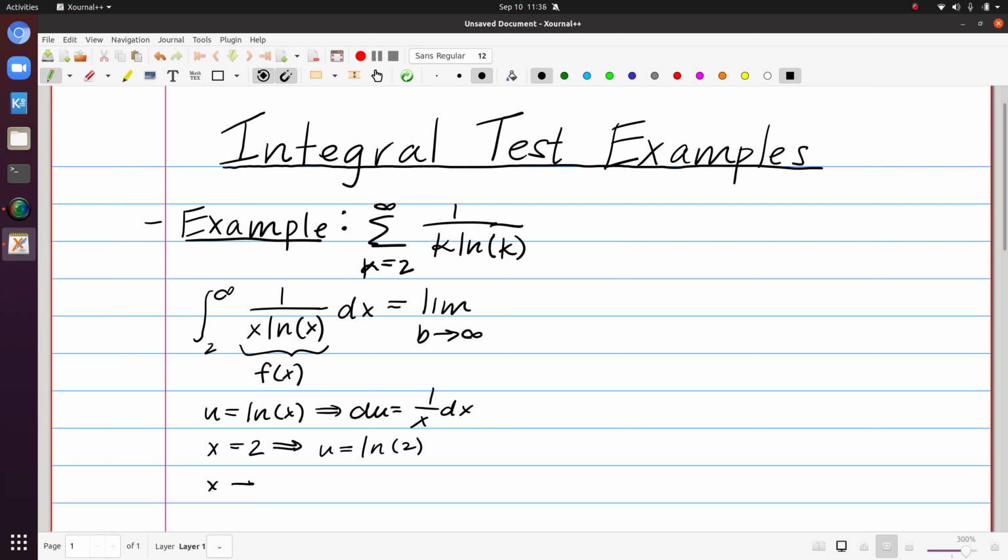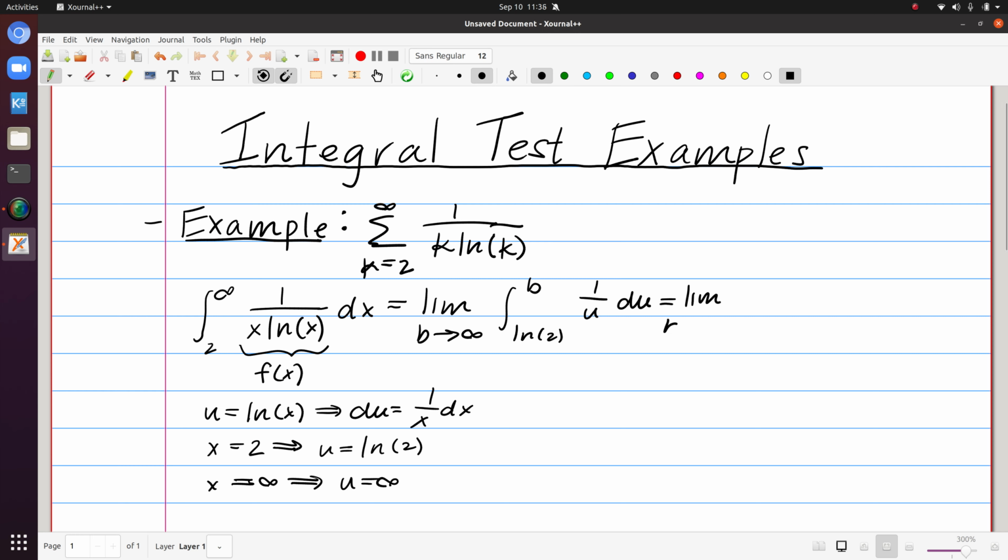And if x is heading toward infinity, so is the natural log of x, so that upper bound is infinite as well. So I can interpret this as the integral from log 2 to b of 1 over u du.